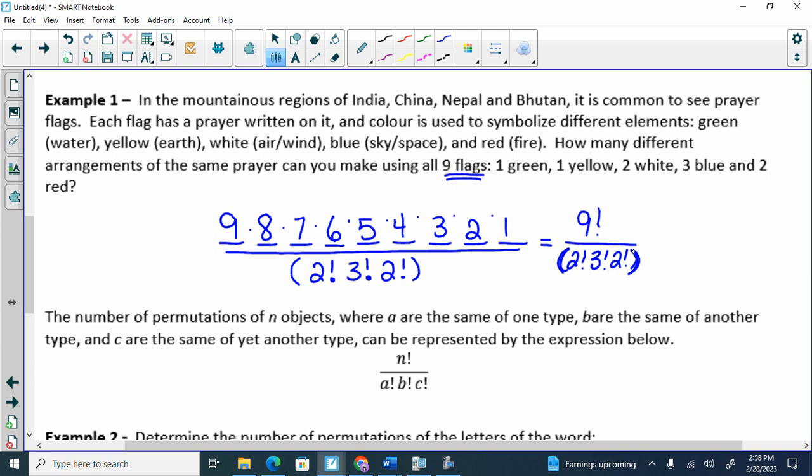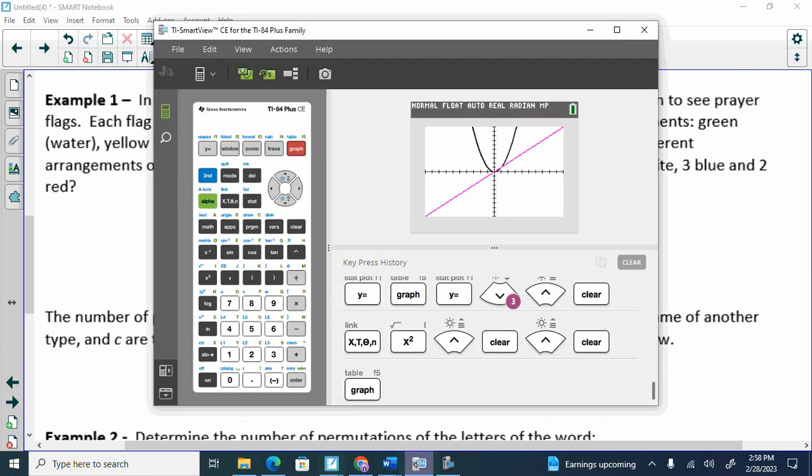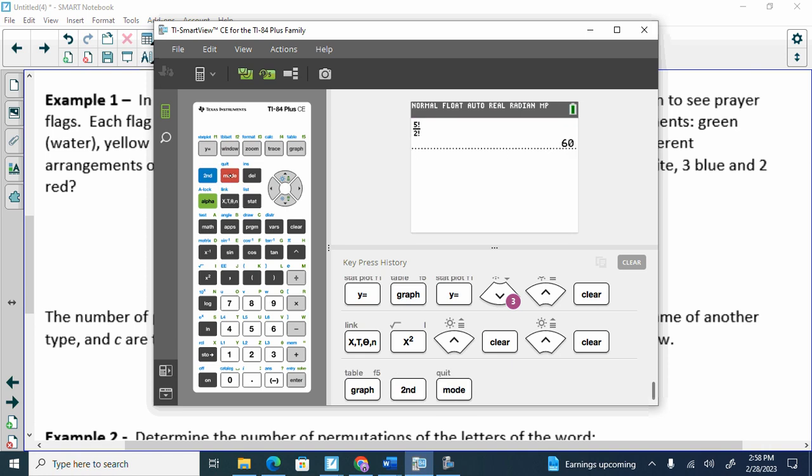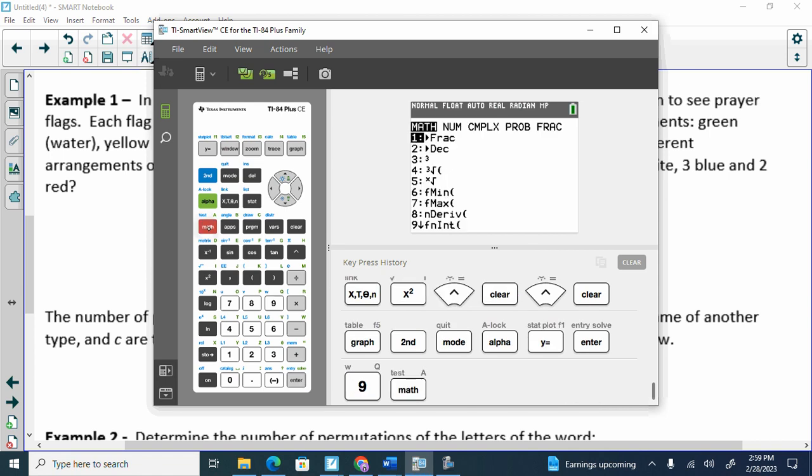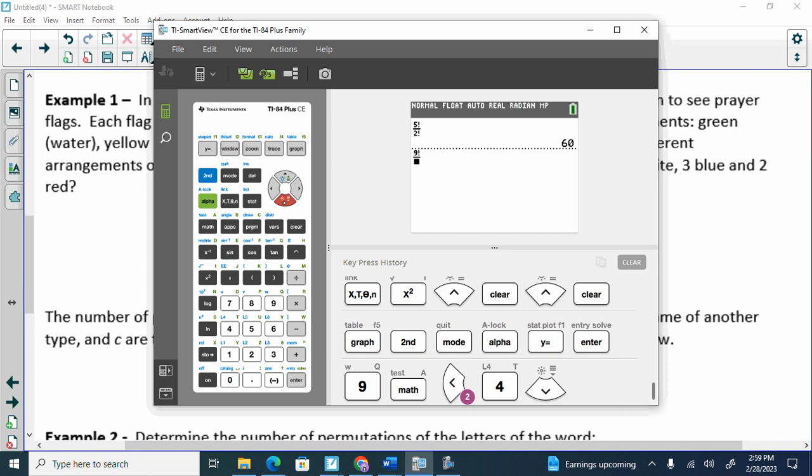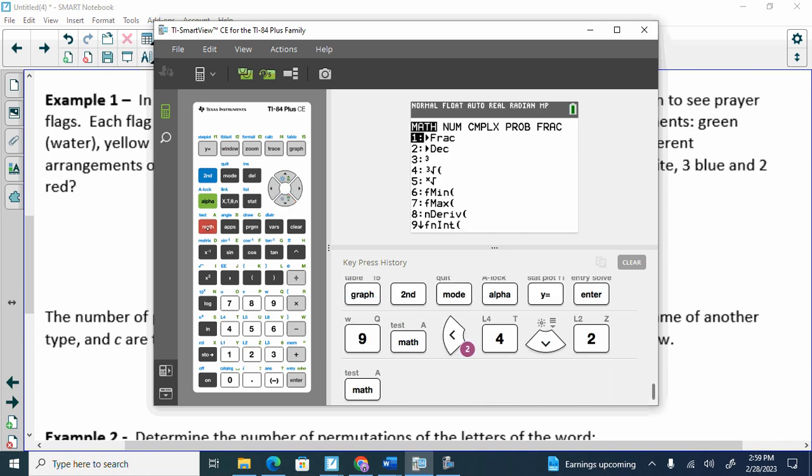If you have the new calculators, you will use the fraction button. So you're going to go alpha, y equals, enter. And you won't have to worry about brackets. 9 factorial divided by 2 factorial. Do I need the factorial if it's a 2?